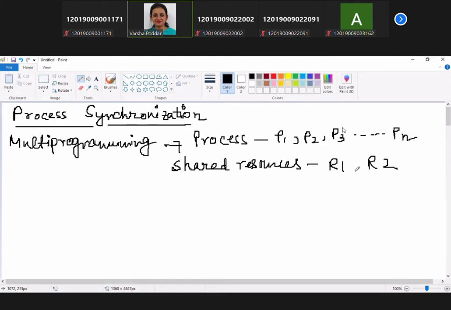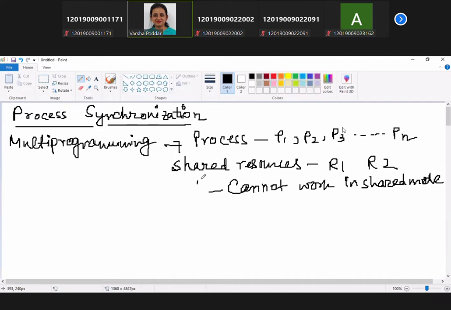So the processes cannot work on the resources in a shared mode. Like I was giving the example of a printer. Suppose I want to print from an email and I want to print from Word. So two processes are active, both are in ready queue. So which one will go first? Can both of them be done together? If you give them simultaneously, then also one by one print will come out, right? That means they cannot work in shared mode, so both of them cannot be working together.